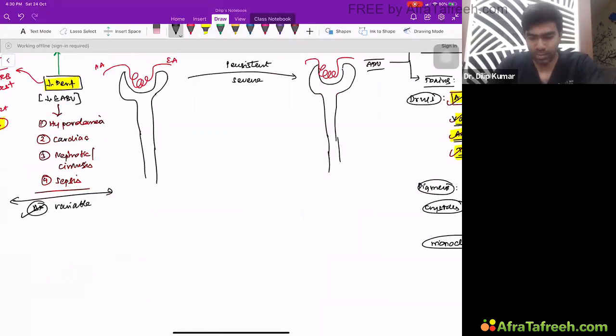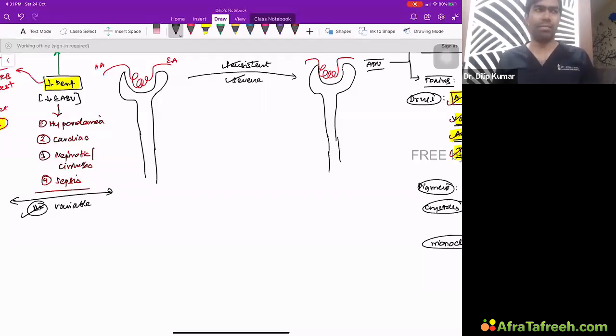So how to differentiate, basically? Why you need to differentiate these two disorders is because, as I told you, if pre-renal hypoperfusion is persistent and severe, it can result in acute tubular necrosis. So based on history alone, it's really difficult to diagnose whether it's pre-renal or acute tubular necrosis.